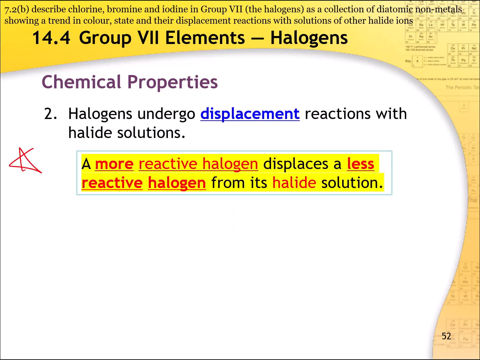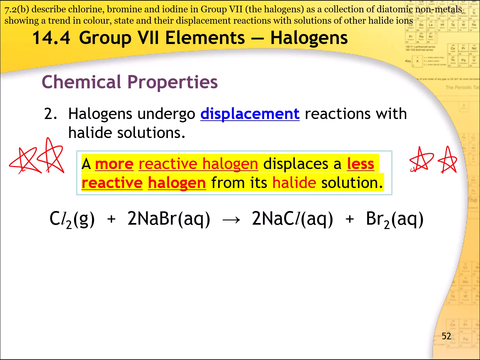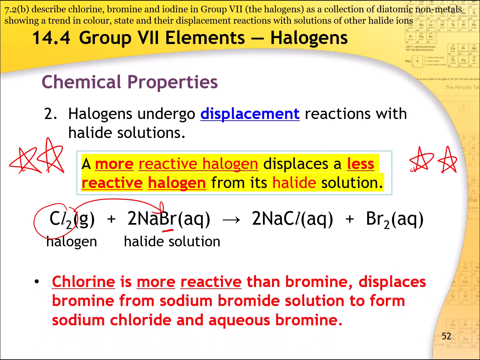Put a star here. A more reactive halogen displaces a less reactive halogen from its halide. This is very critically important. So for example, chlorine displaces bromine from the bromide to form sodium chloride and bromine. So how do I say?